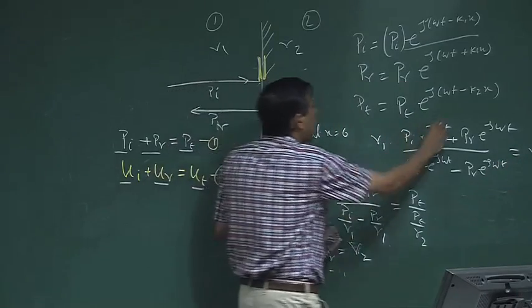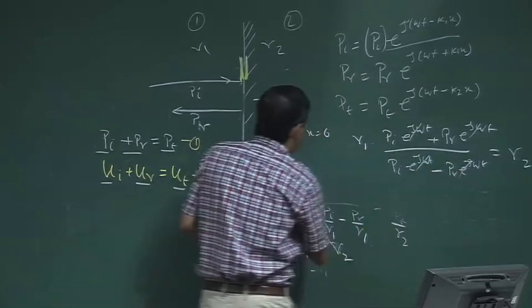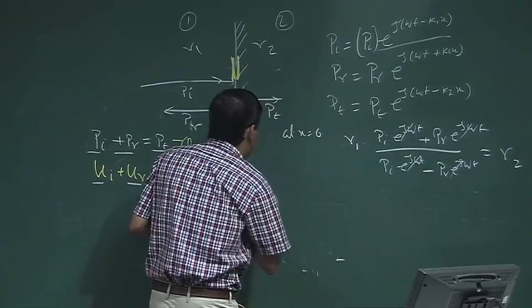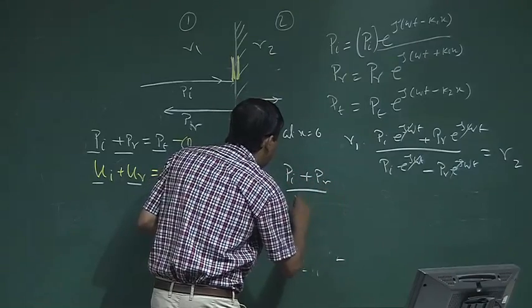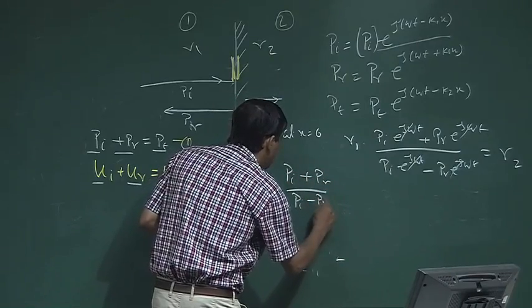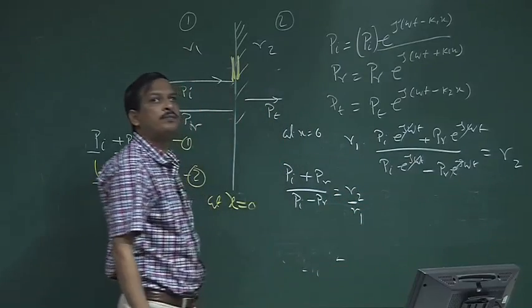The j omega t will be cancelled. So, Pi plus PR divided by Pi minus PR is R2 by R1.